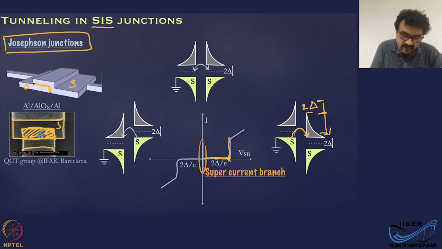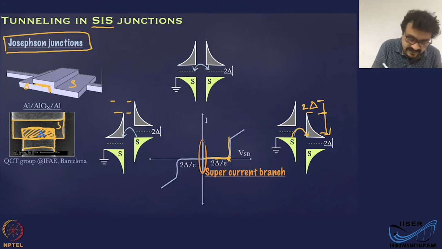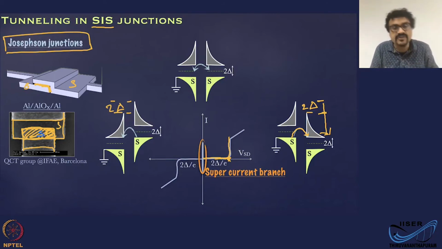Similarly, in the reverse, opposite direction, until you move the left and right sides relatively by 2 delta in energy, or until you apply a voltage equivalent to 2 delta by E, no current will flow.